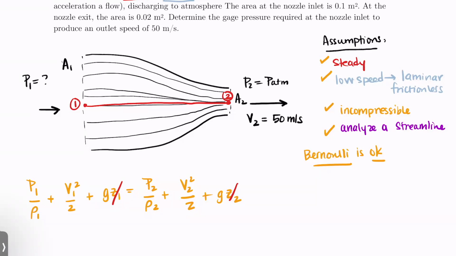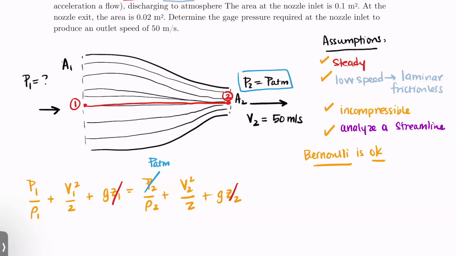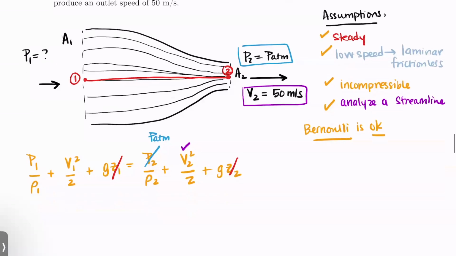Okay, in the problem, we were also given that P2 is P atmosphere, so I can put this in here. So this is atmospheric pressure. And we were also given that we want to find P1 such that V2 is this. So we know that V2 is given to us. We're also going to assume, since it's incompressible, rho 1 and rho 2 are the same, so I'm going to just call this rho.